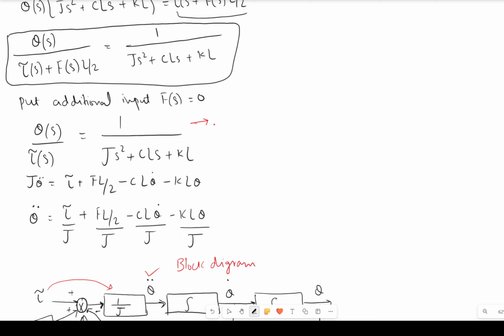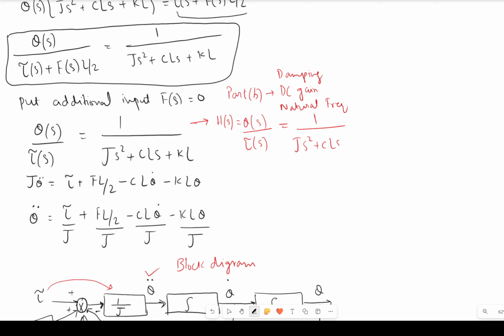Now I'm doing part B, where we need to find the DC gain, natural frequency, and damping. So we're given H(s) equal to theta(s) divided by tau(s), which is equal to 1 divided by J s squared plus CL s plus KL.